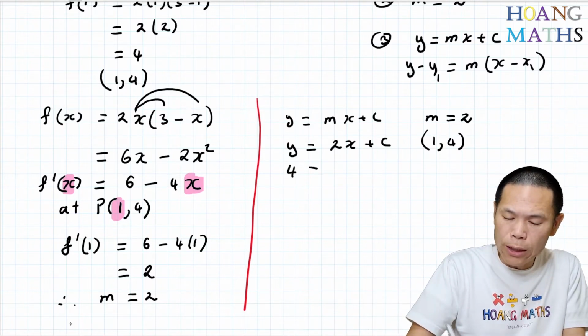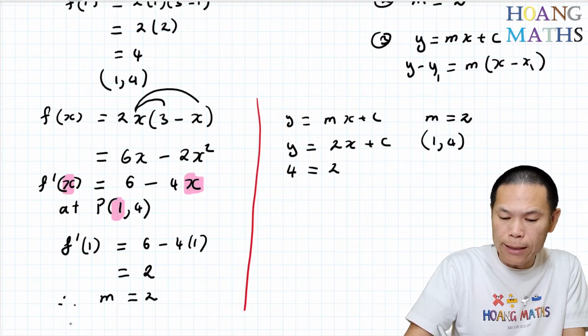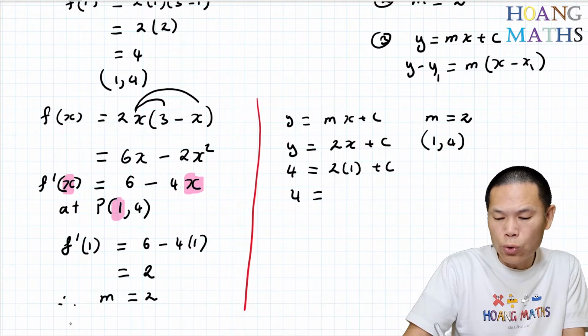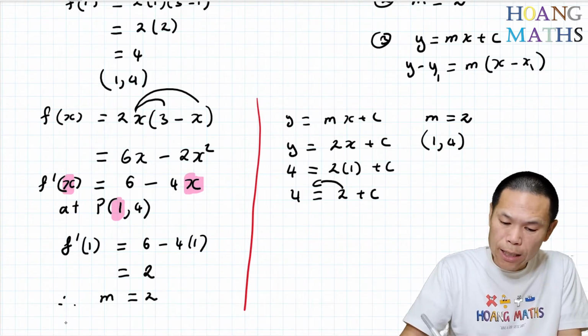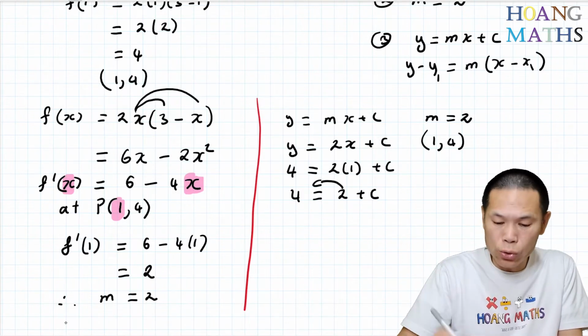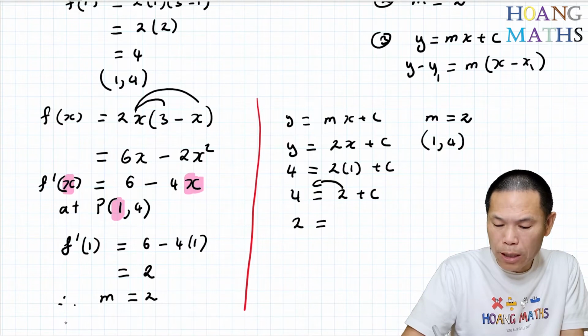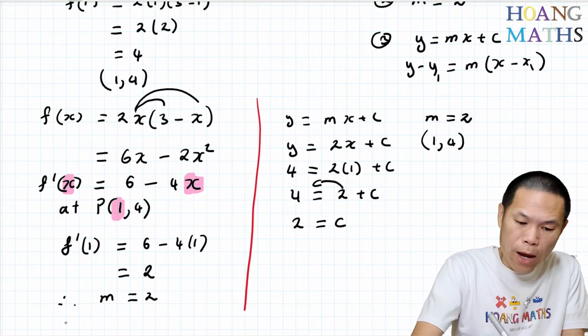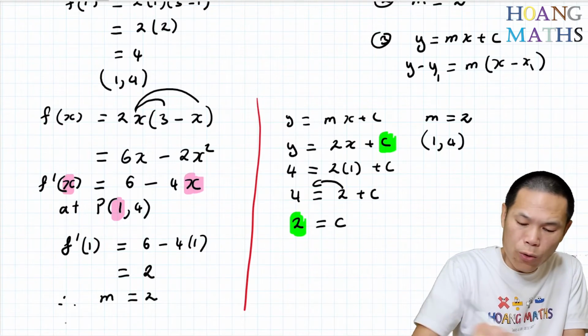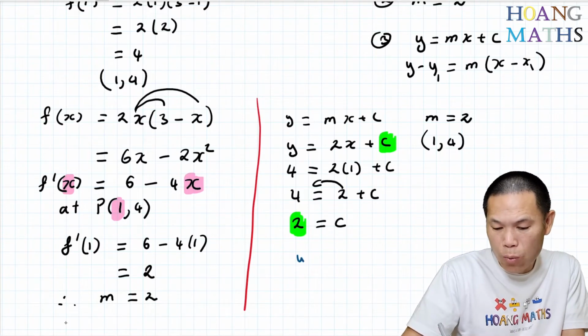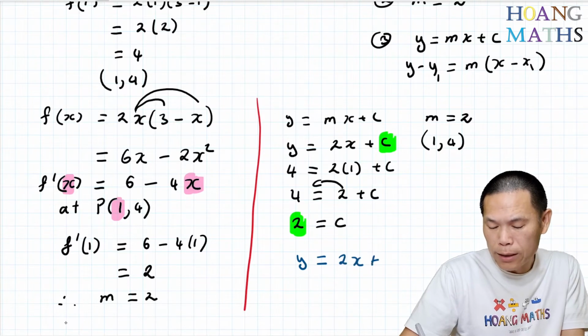So 4 is equal to 2 lots of 1, and we add c. So that means 4 = 2 times 1 is 2, plus c. And I just move the number 2 to this side, so it becomes minus. So 4 minus 2 is 2. So that becomes c. So therefore, we know that c is equal to 2. So now the equation of the tangent is y = 2x + 2.